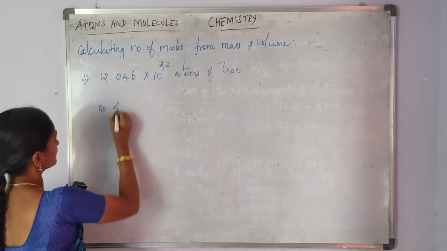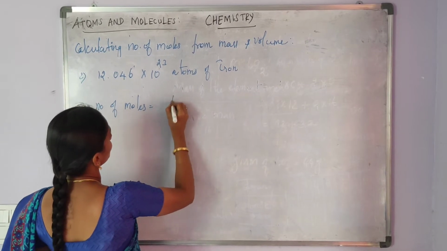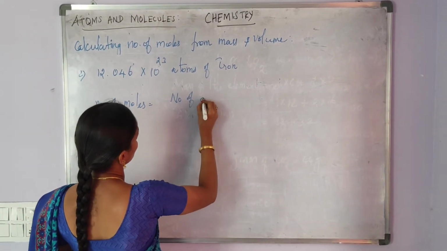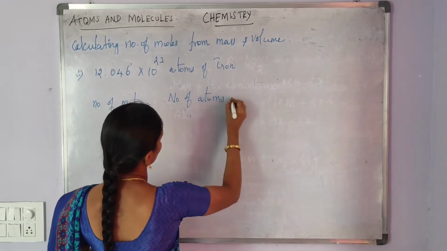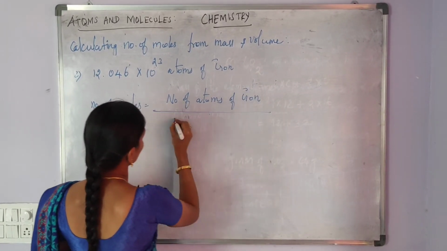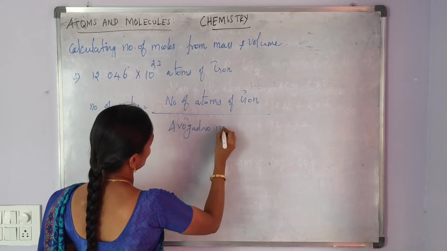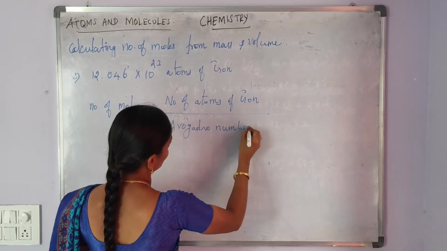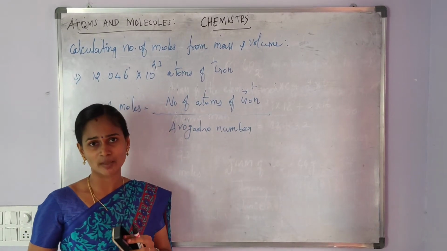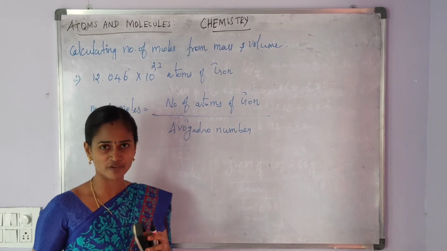The formula is number of moles is equal to number of atoms of iron divided by Avogadro number. The value of the Avogadro number is 6.023 into 10 power 23.